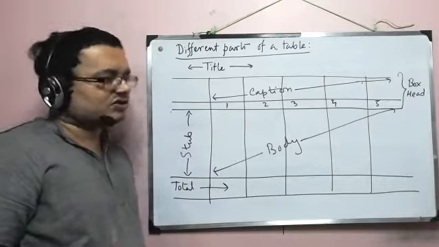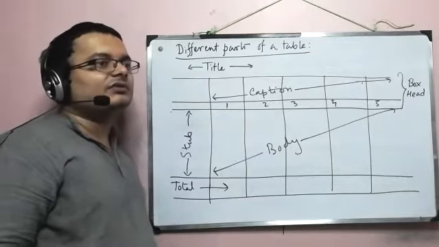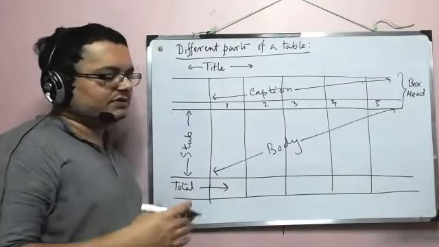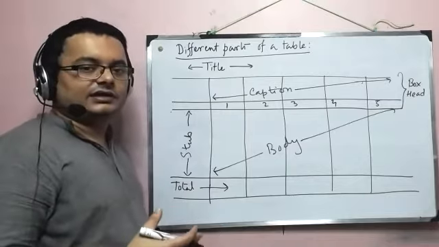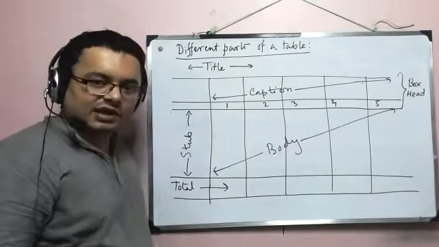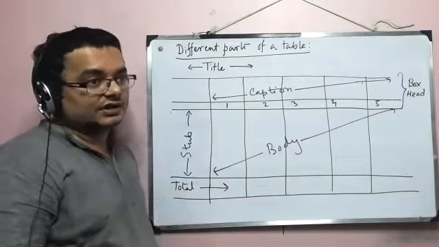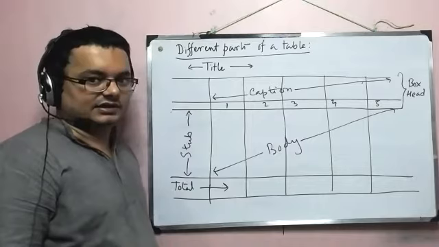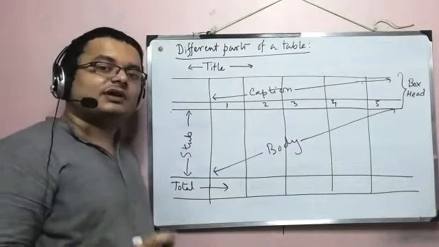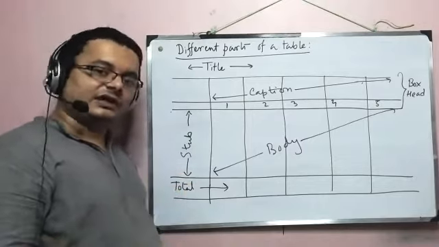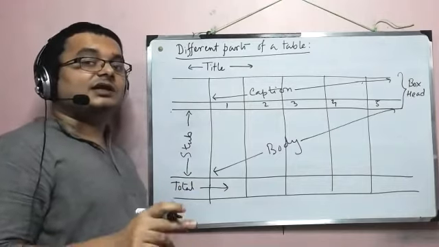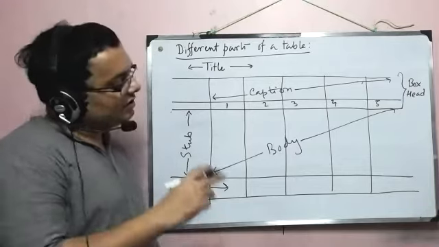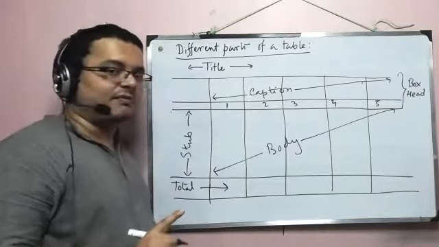Now it is also said that whenever you draw or construct a table, try to keep the data in such a way that the maximum number of possible total figures that one may be interested in can be easily calculated. I'll say it again. The maximum number of possible total figures that one may be interested in can be calculated. All right. So when you are drawing a table, you have to keep that in mind.